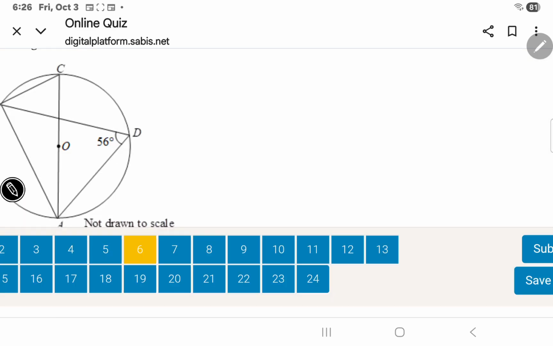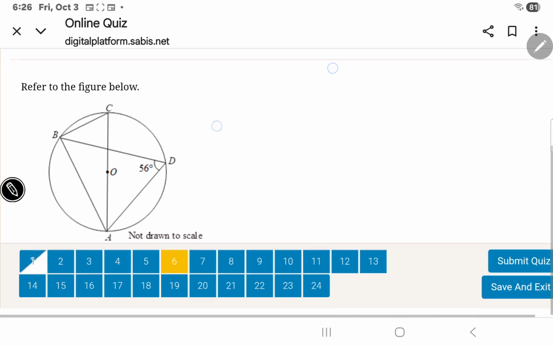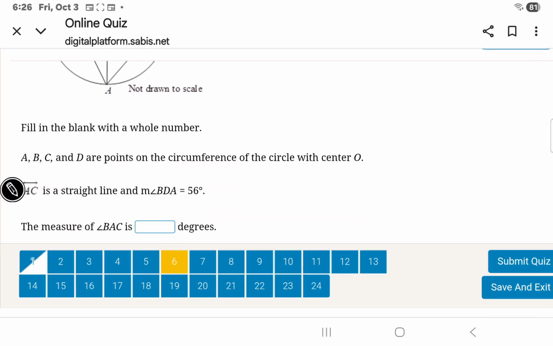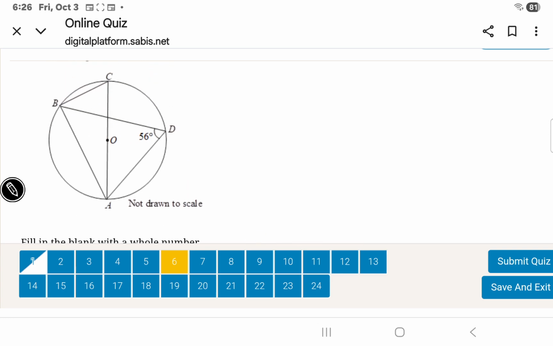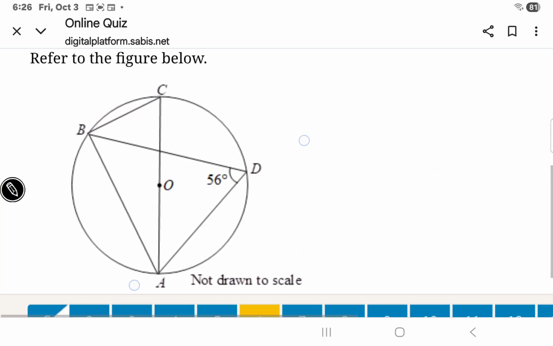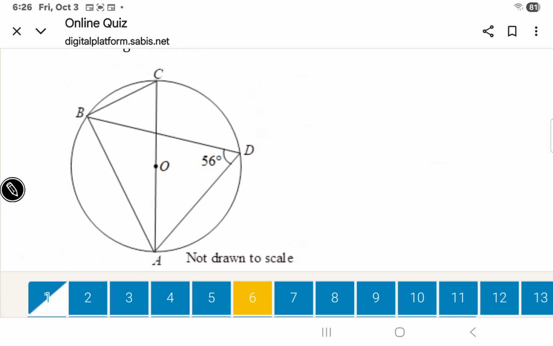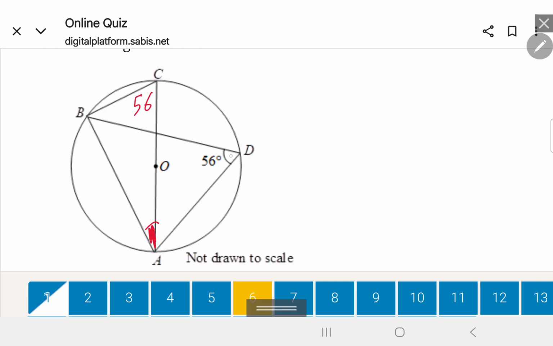Number 6 now. Here you have to find the measure of angle BAC. So the measure of angle BAC means this angle here. Now this angle is 56. These two inscribed angles share the same arc.